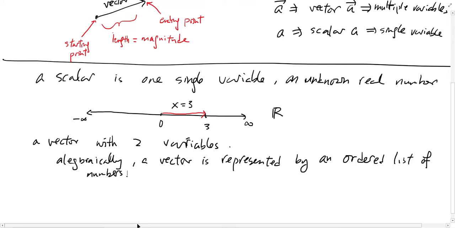What does that mean? Well, it means the exact same thing that you probably learned back in 7th grade, where you list an xy coordinate as an ordered pair. And that's basically what it means.